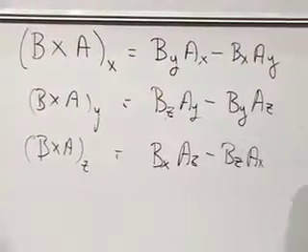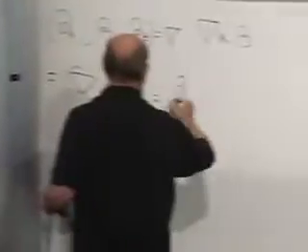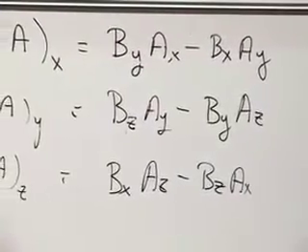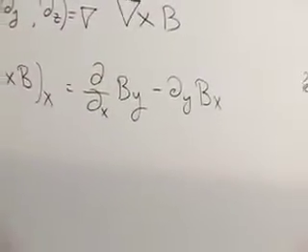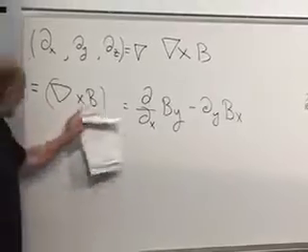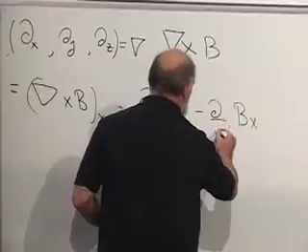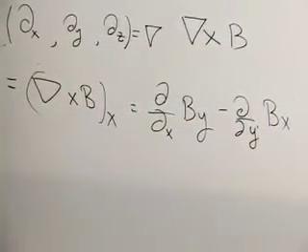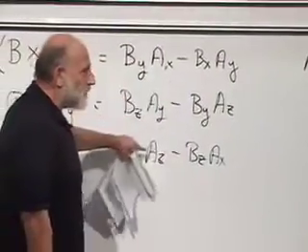So it's d by dy bz minus d by dz by. We can go through it and cycle through it and find the other components of the curl of B, but they're always made up of derivatives of the components of B in the same exact pattern that the cross product is made up.